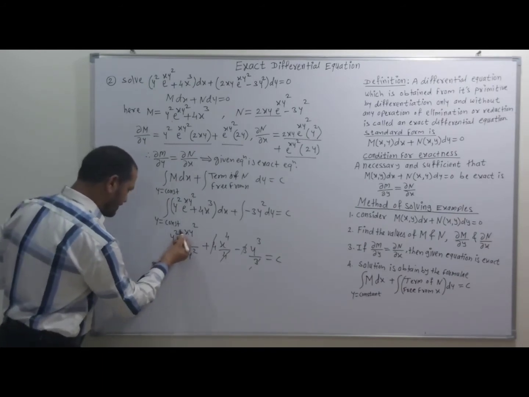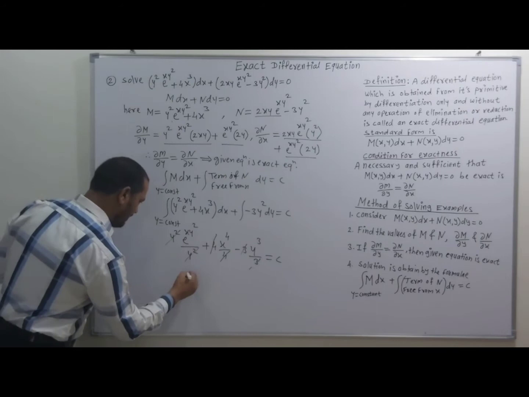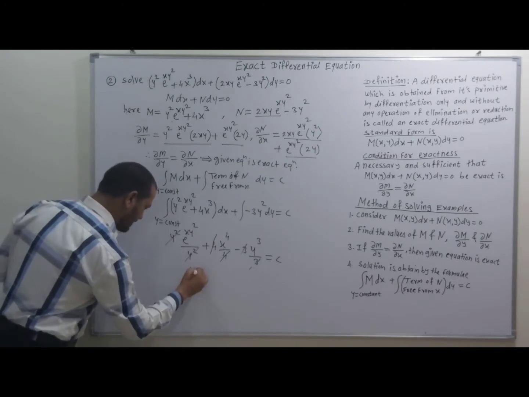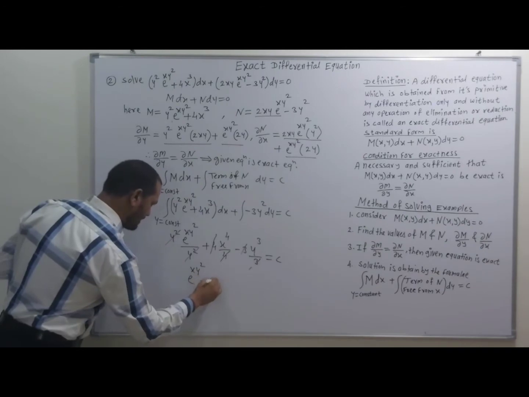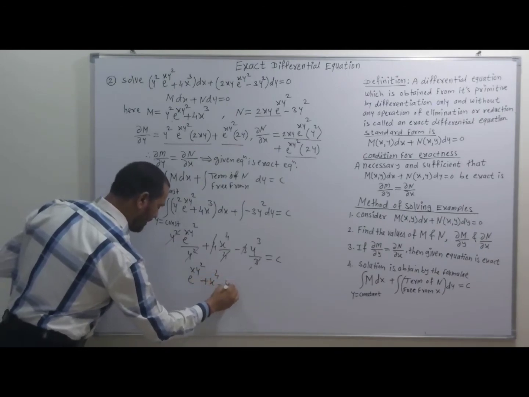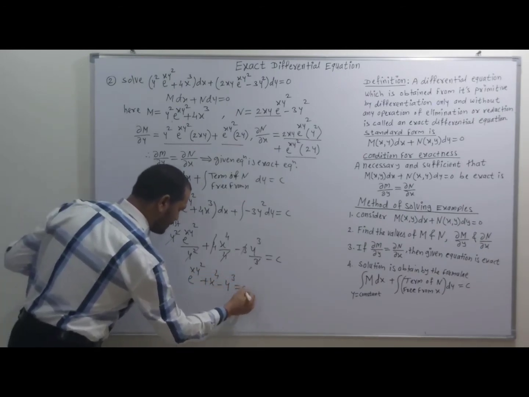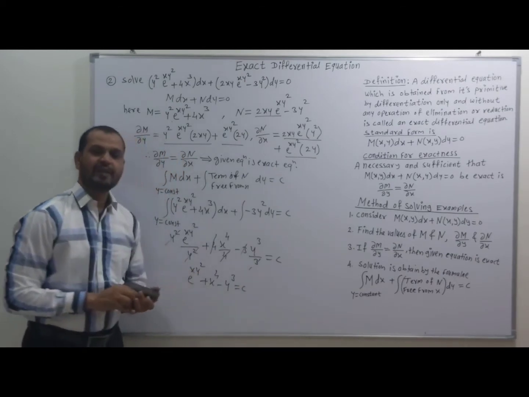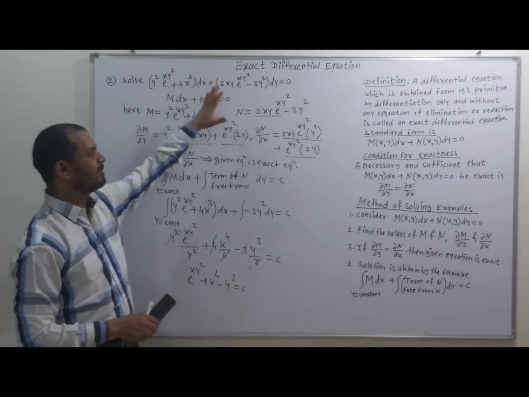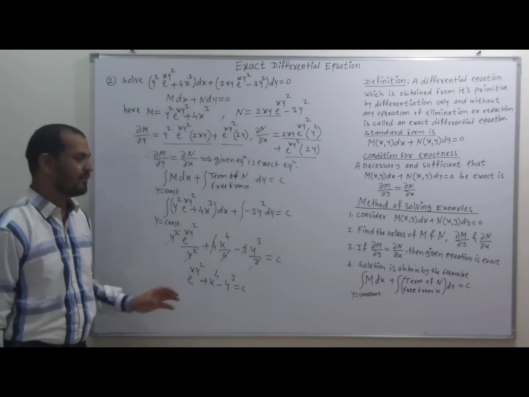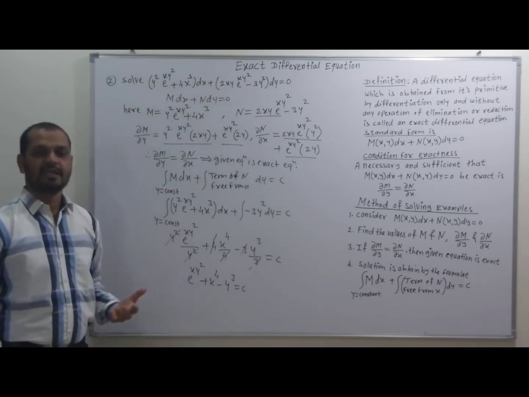Again this y square will get cancelled. We can write the solution of this term as e raised to x y square plus x raised to 4 minus y cube equal to c. So in this way friends, we get the solution of this equation with the help of this exact differential equation method. So this is the second example.